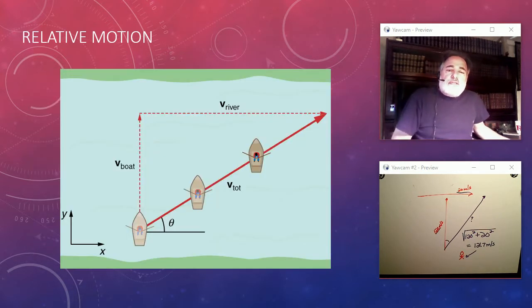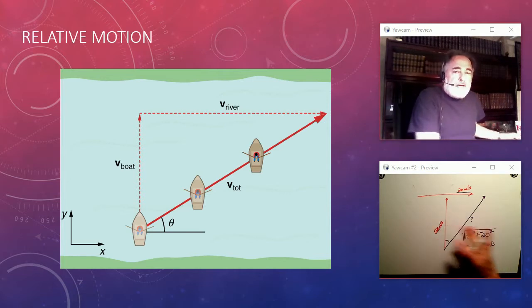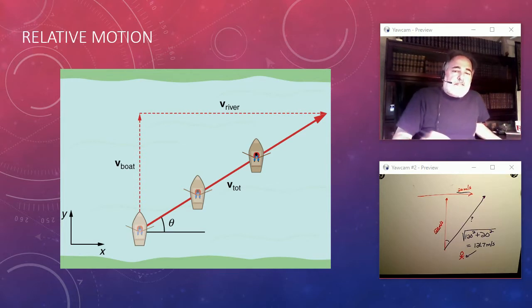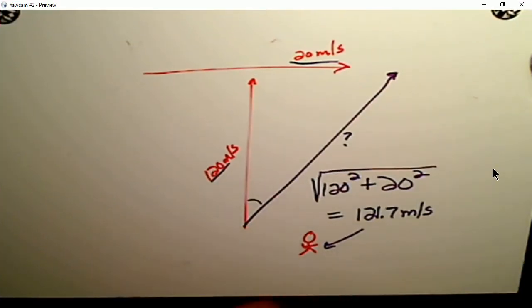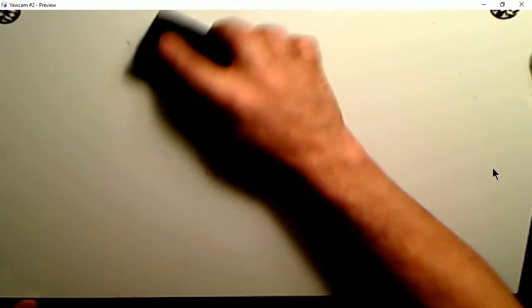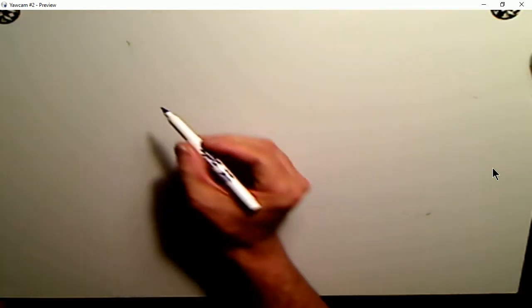Let's take another example, like a boat. This boat is being knocked off on an angle much the same way. So it's probably best to just take a look at this via a few simple examples. Let's just start with a plane.